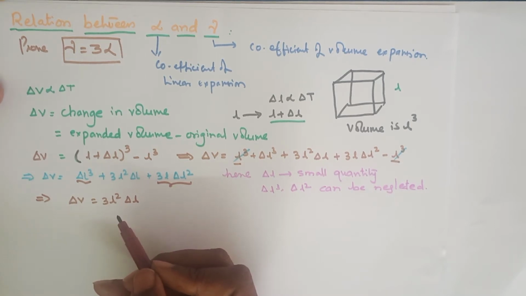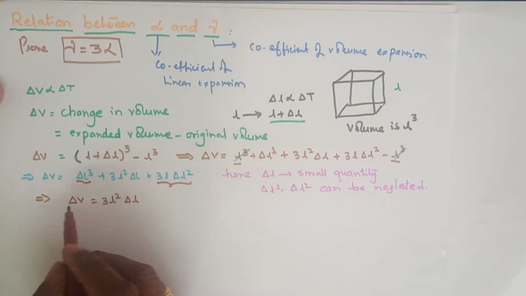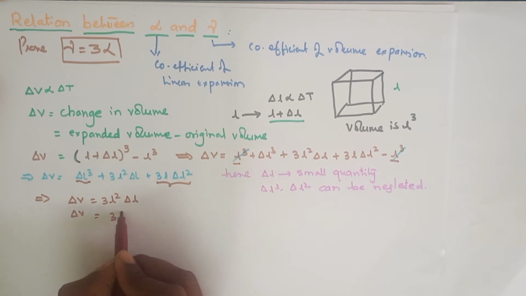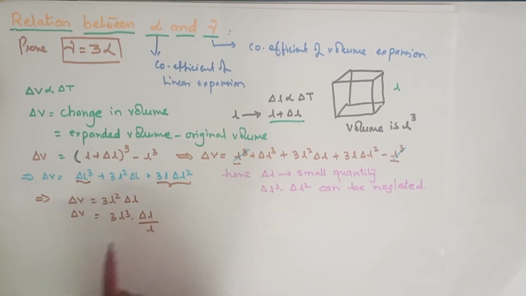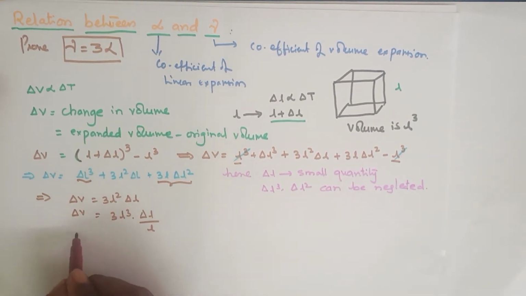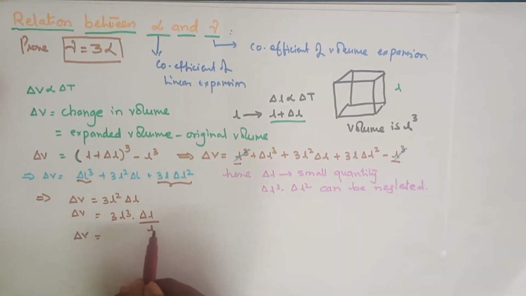Now, shall I write like this? Delta V is equal to 3L cube delta L by L, multiplying and dividing with this. Delta V is equal to, what is L cube? L cube is volume.